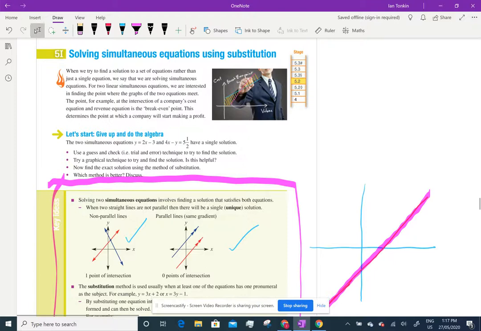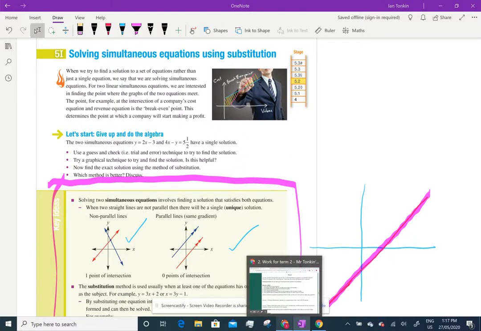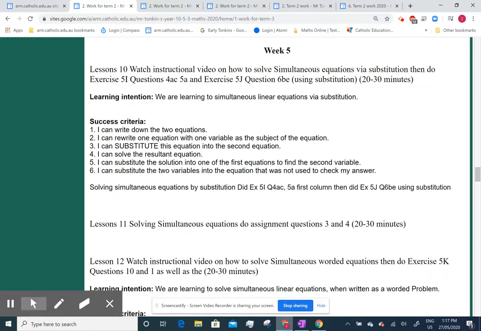So what I want to do is go through the methods that I've written down. If we look at these steps to solve simultaneous equations via substitution, look at the success criteria. I can write down the two equations. That's pretty easy. I can rewrite one equation with one variable as the subject, and that's the most important bit.